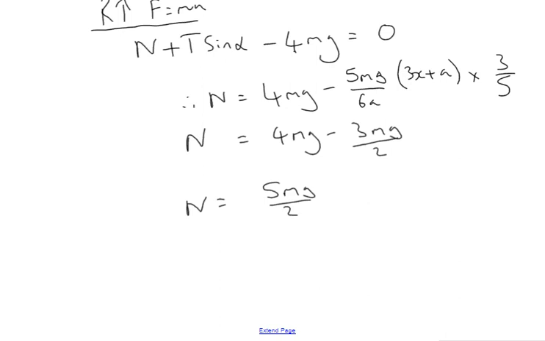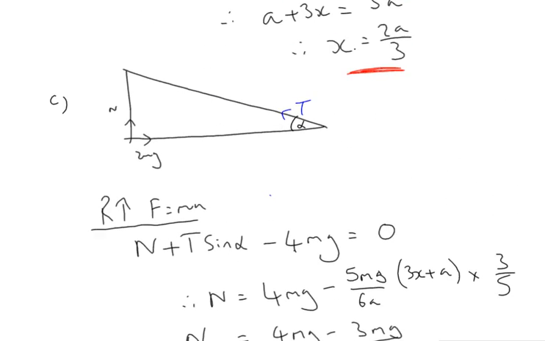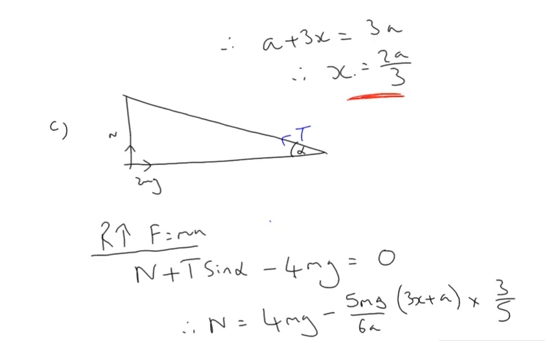So N is 5mg over 2, and so we've got horizontally, let's go back to it, we've got 2mg that way, 5mg over 2 that way.